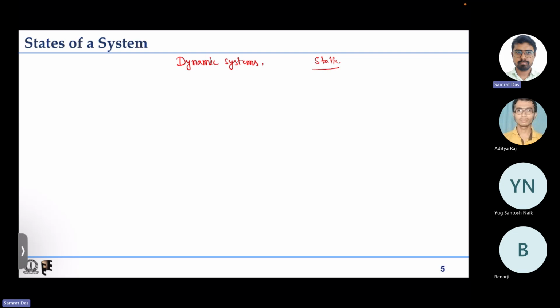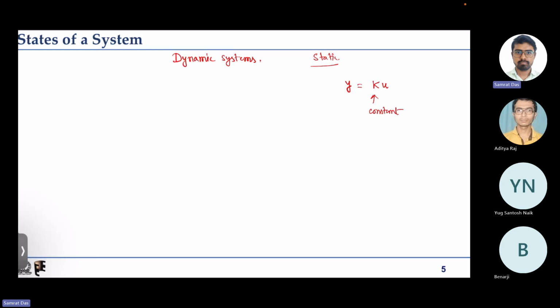One type is a static system, where the output y is a scaled version of the input, y equal to k times u, where k is a constant. That means the information of the present input is sufficient to describe the present output of the system. This type of system is known as a static system.